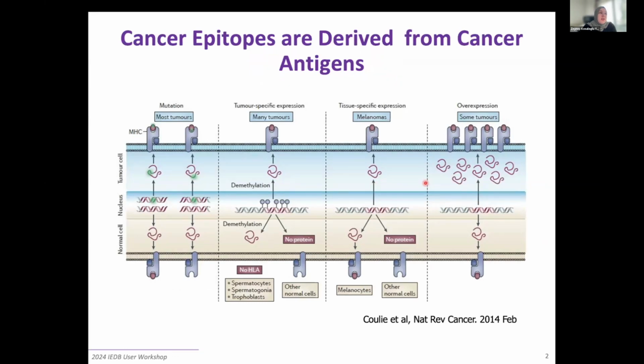So the identification and the study of these cancer epitopes is important for us to understand cancer immunology and also to develop immunotherapies. So there are several different types of cancer antigens, such as the overexpressed antigens or the tissue-specific or the tumor-specific ones. And also we have these so-called neoantigens that are the results of mutations in the tumor DNA.